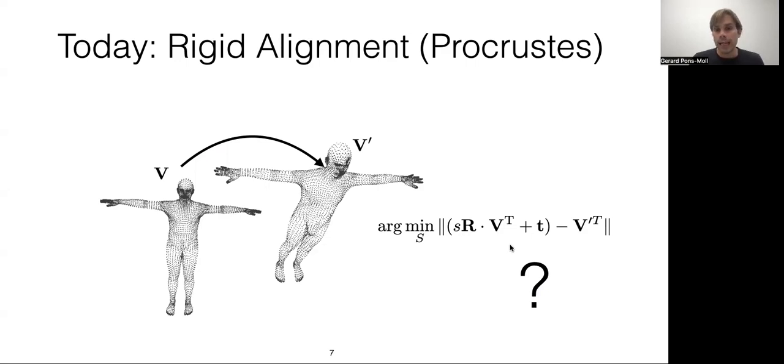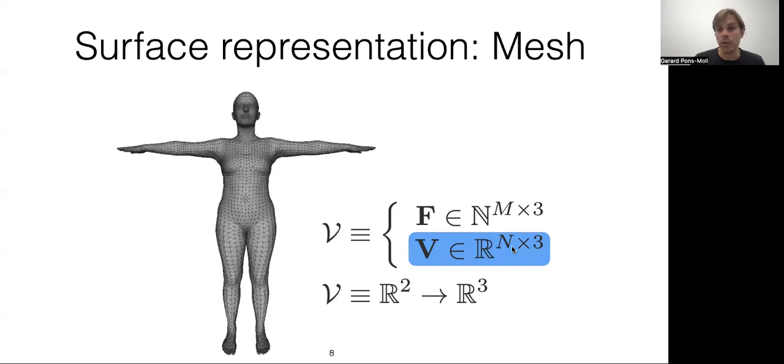As surface representation in the next lectures, we're going to use a mesh representation, which we saw in the previous lecture. Basically, a mesh consists of a pair of vertices, which can be stored in a matrix V, which has n rows times 3 columns for the X, Y, and Z components.